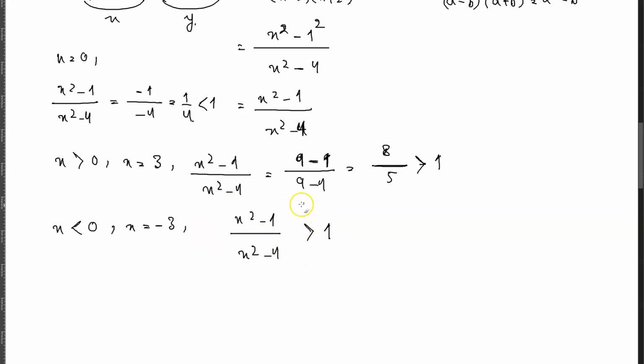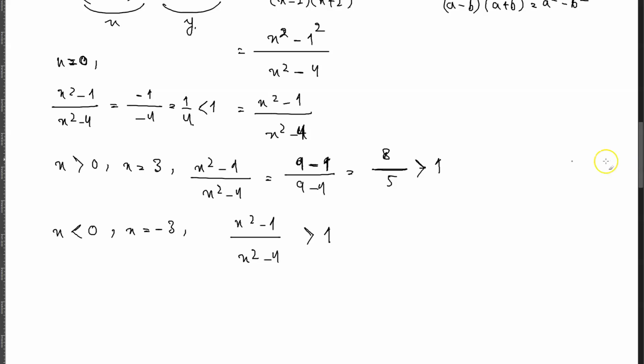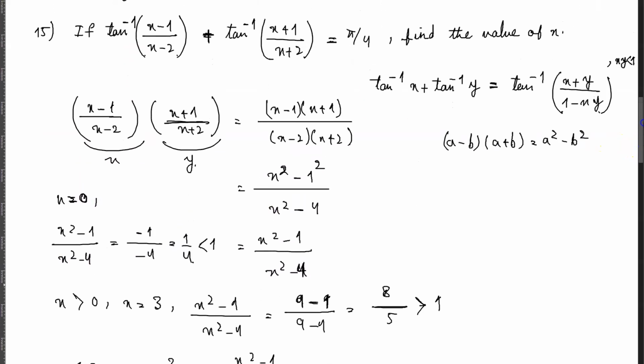That means that this ratio is greater than 1, except for the occasion when x is equal to 0, right? Which means that this formula cannot be used if x times y is less than 1. If x times y is less than 1, I cannot use this formula, meaning that over here I have to specify that x is not equal to 0.